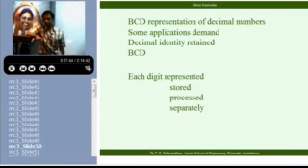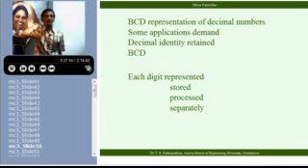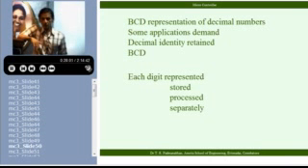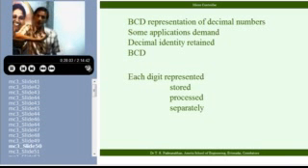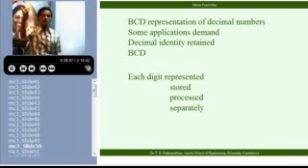In BCD representation, any digit represented from 0000 up to 1001, that is up to 9, is accepted. So you have to convert back into a BCD. In fact, one of the exercises is to do this BCD conversion and BCD addition.